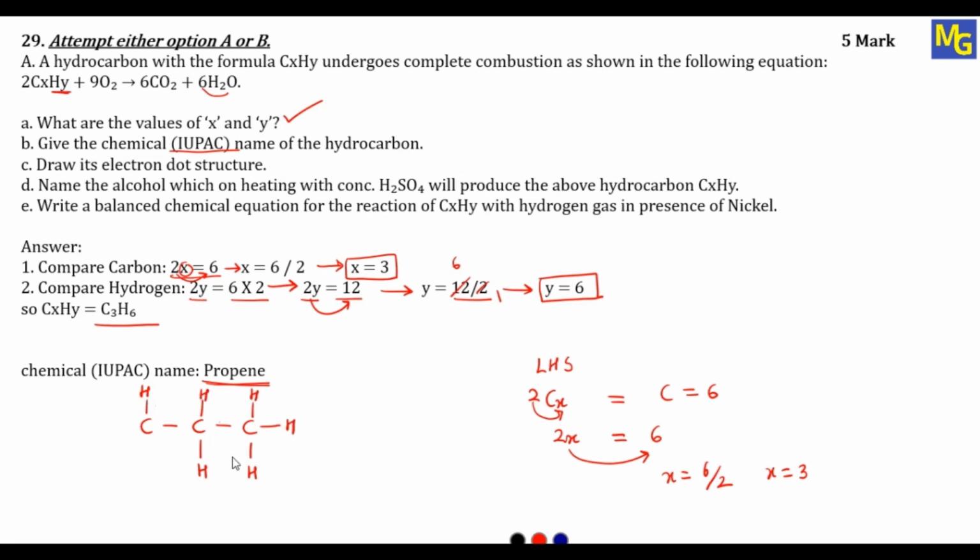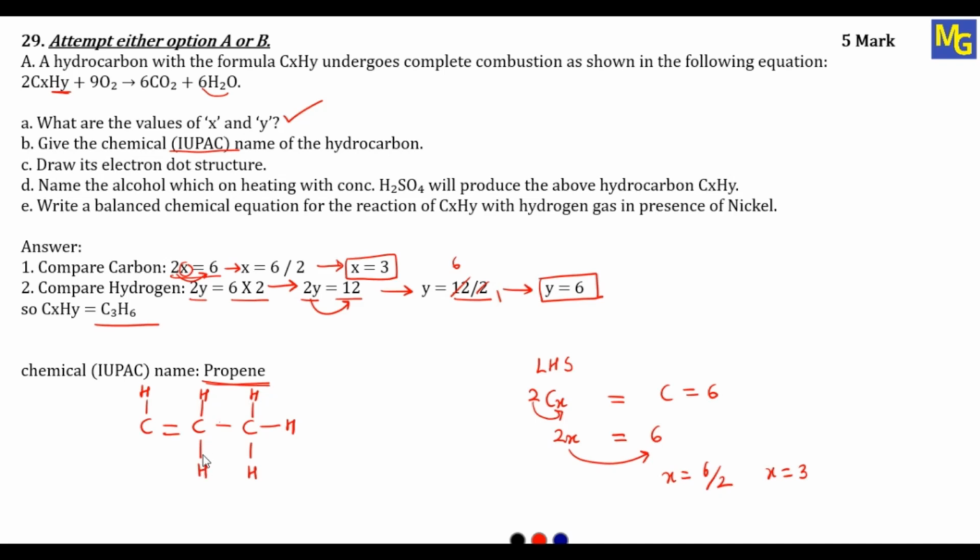But have you balanced the valency of carbon? This carbon has 4 bonds, this carbon has 4 bonds, but this carbon has only 2 bonds. So we require 2 more bonds. So what we can do here is take a double bond. So this will become 3, here it becomes 5.